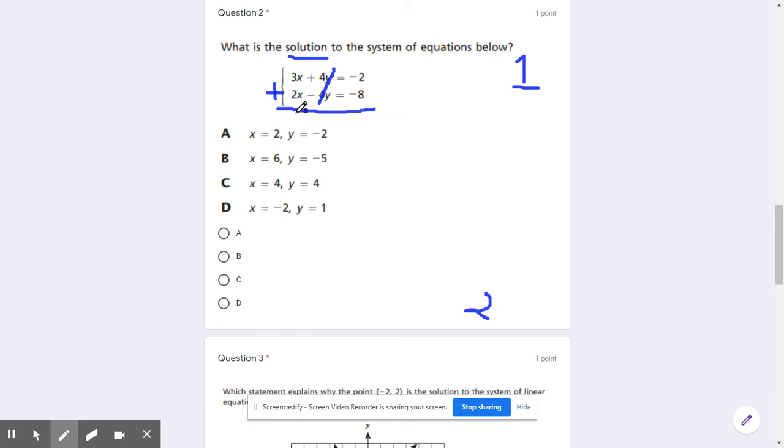That way we can solve, because you need one of the variables, an x or a y, not both. You won't be able to solve it that way. So the 3x plus the 2x gives me 5x, right? And with the equal sign, the -2 and the -8 is -10.